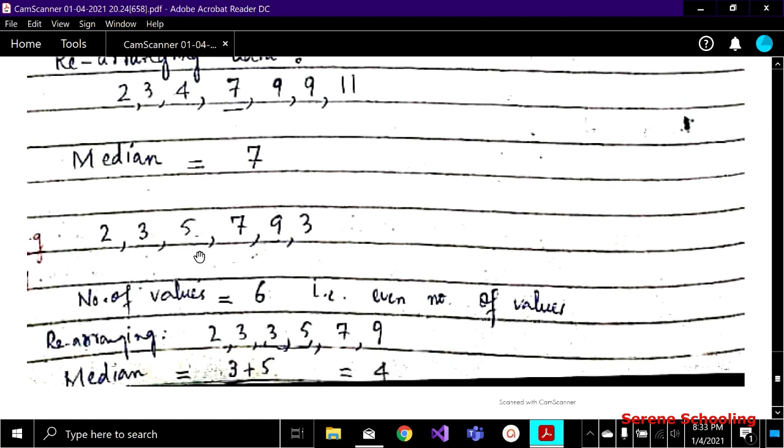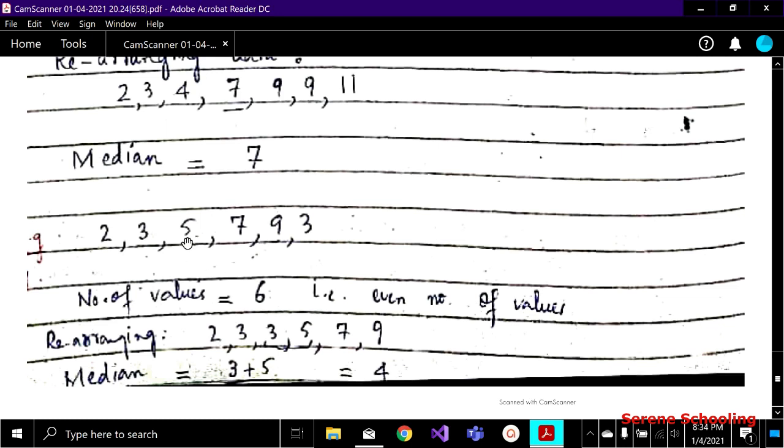Here you can see there is no value that divides the data into two equal halves. If you take this one as your median, then there are 2 values on one side and 3 values on the other, which is wrong. If we take 7 as the median, we have 2 values here and 3 values here. So 7 cannot be our median in the case of an even number of values. So when we are given an even number of values, you have to find 2 mid values.